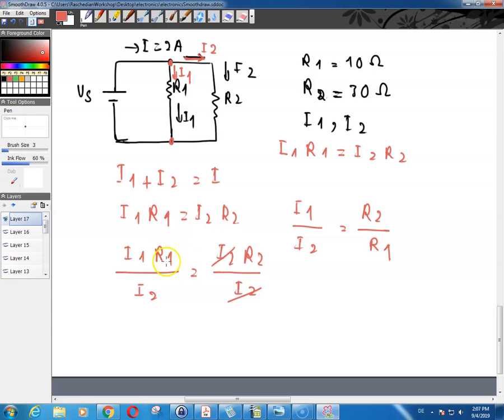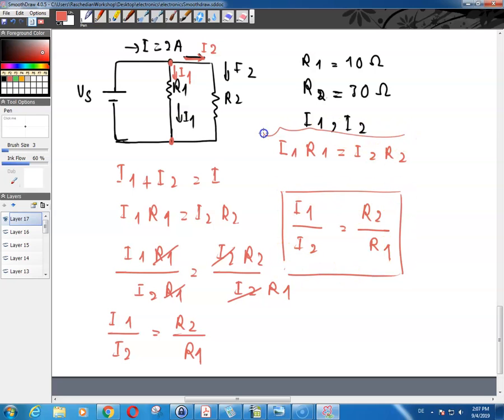I divide by R1 as well, and these two cancel out, so I get I1 over I2 is equal to R2 over R1, which is what I have written over here. You can write it this way or this way. It's basically the same thing.